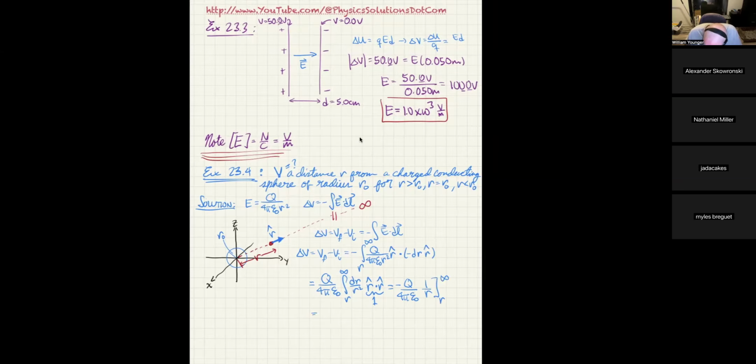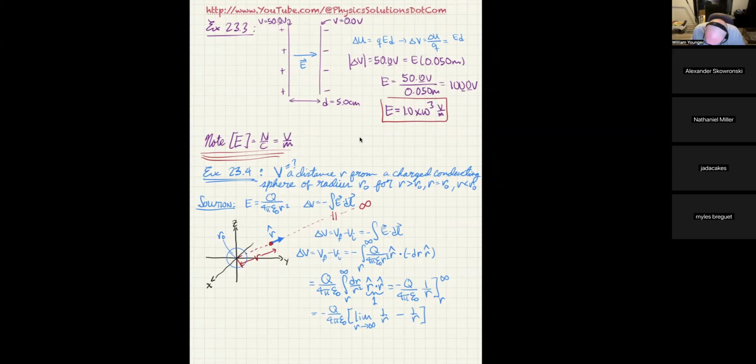Well, that means negative q over 4 pi epsilon naught. Almost done here. Now, the top range of integration is infinity, and that means we have to take the limit as r approaches infinity of 1 over r, and then subtract from that 1 over r, because that's the range of integration. The r value is the second integral, the second range.